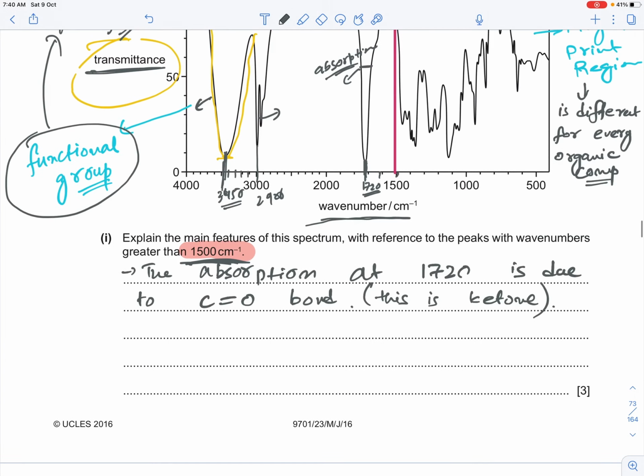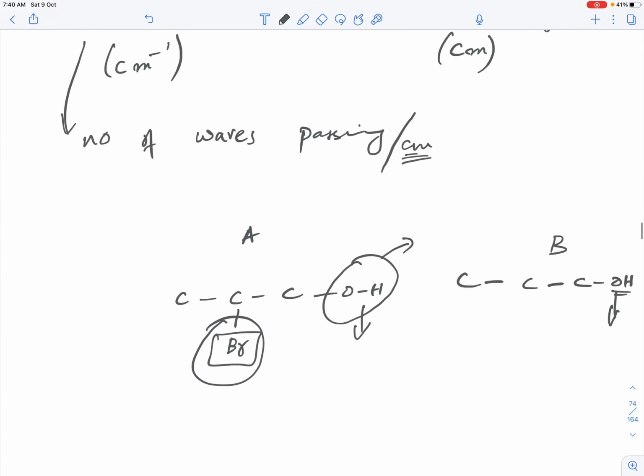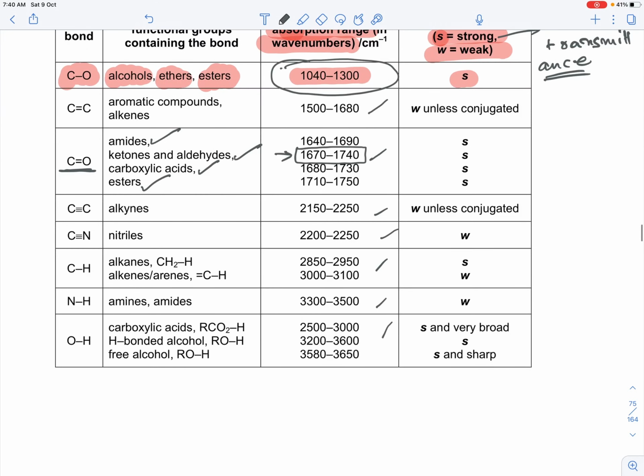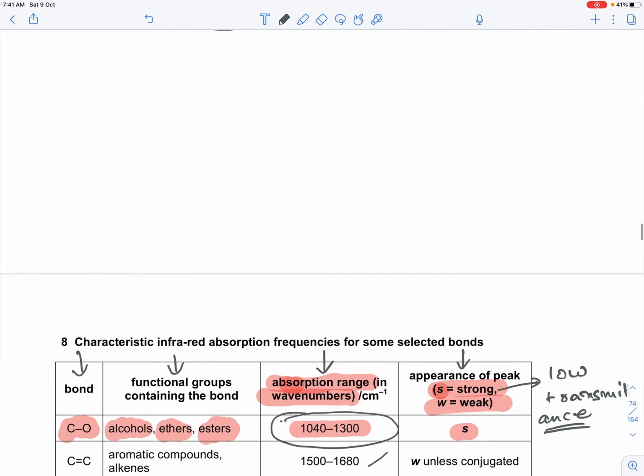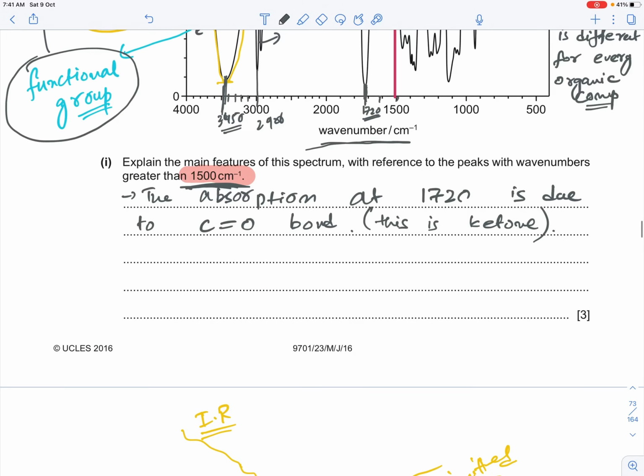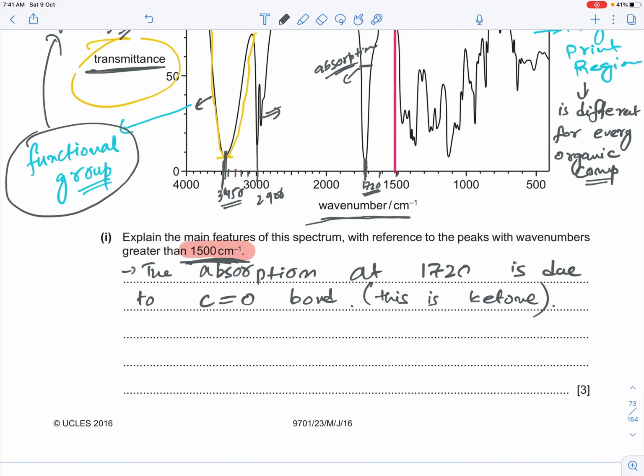Alright, the next peak is at around 2900, and at 2900 that means this would be an alkane CH bond, which has a peak at 2850 to 2950, a strong peak. Again, this is a strong peak, right?